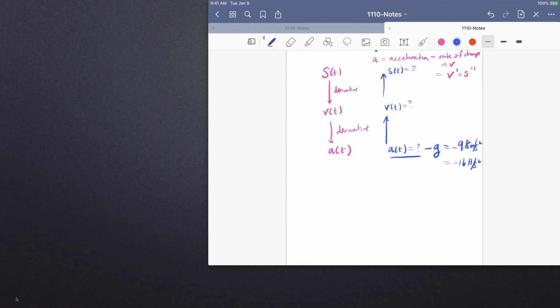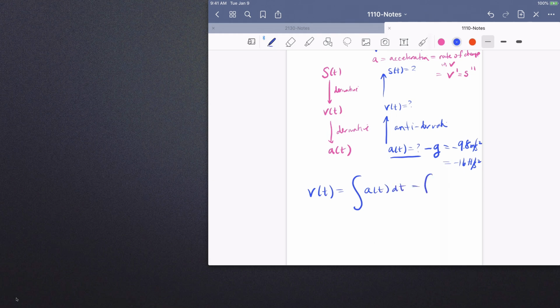So let's say that you know that the acceleration due to gravity is a constant. You could then find the velocity of that problem by working your way up and finding an antiderivative. So the velocity is the antiderivative of the acceleration.